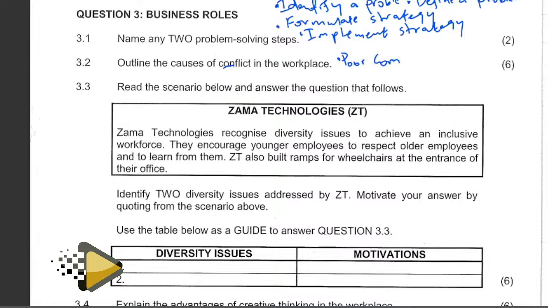We have poor communication. Then we also have unclear responsibilities. And then we also have different opinions.